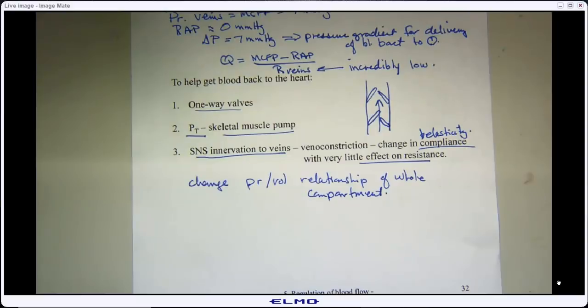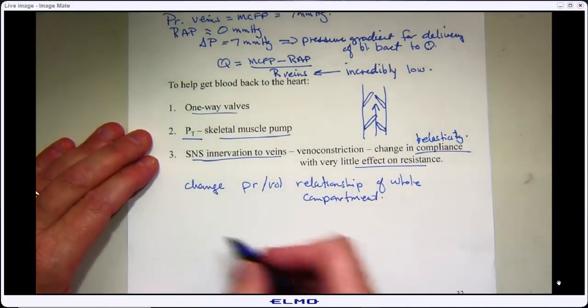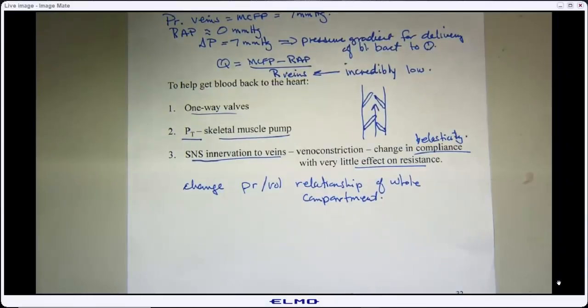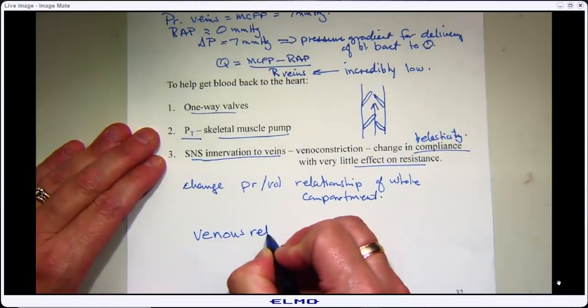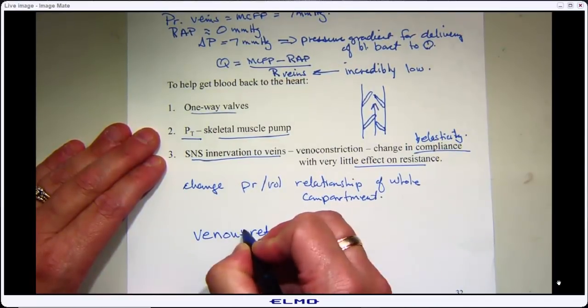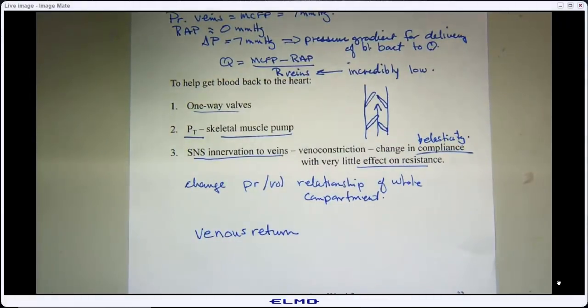We're going to change the nature of the whole compartment, and we will work on what that means in a minute, okay? Essentially, though, when we're talking about veins and what we're bringing back to the heart, we are talking about venous return. Okay, so these things are going to affect venous return.